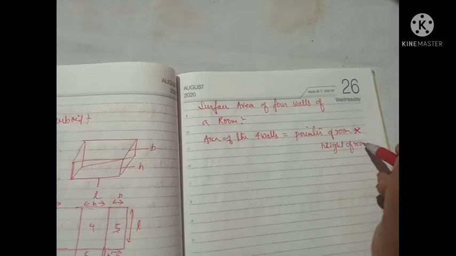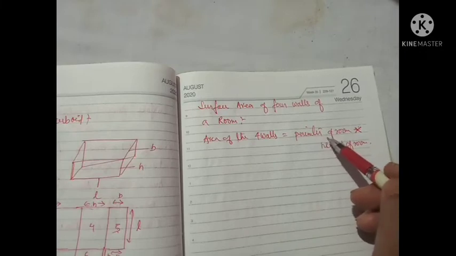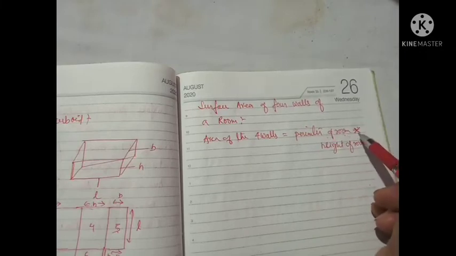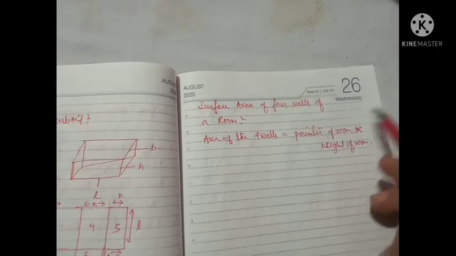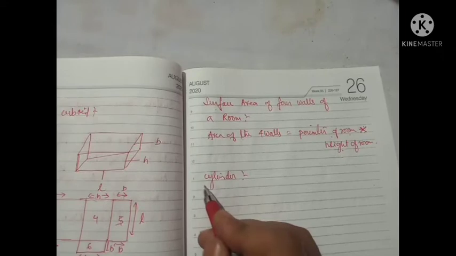First we have to find the perimeter of the room, and then we have to multiply it by the height of the room.